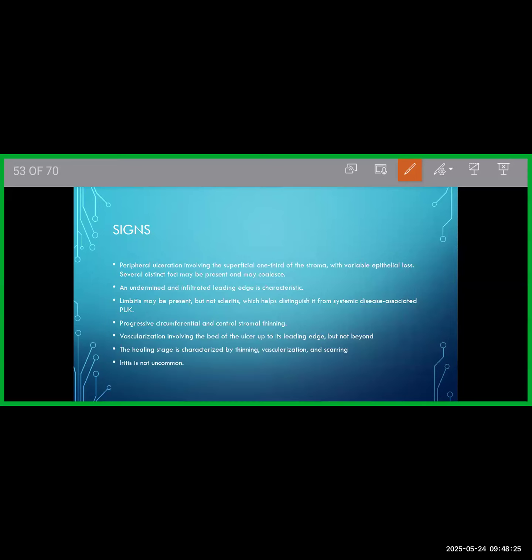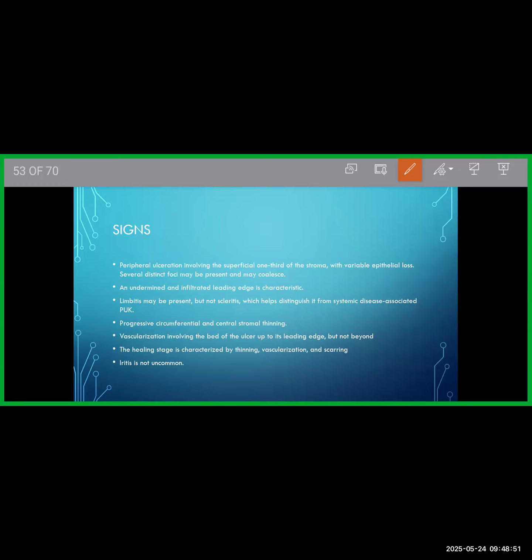Now the signs. The peripheral ulceration involves the superficial one-third of the stroma with variable epithelial loss. Several distinct foci may be present and may coalesce. An undermined and infiltrated leading edge is characteristic of this ulcer. Limbitis might be present but not scleritis.